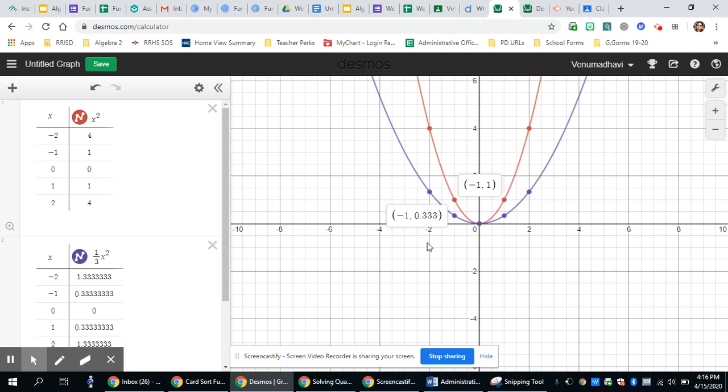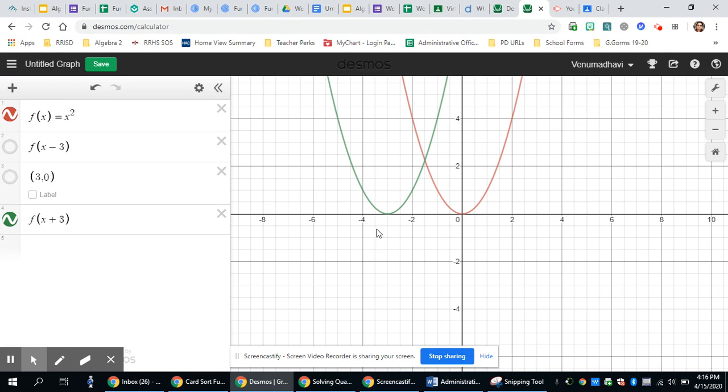Likewise, in horizontal dilation, the x values will change and not the y. If you see both happening, it means that the function has both vertical and horizontal dilations. I hope this helps.